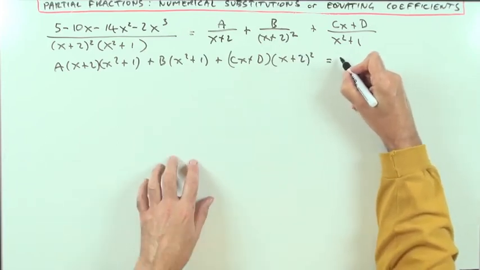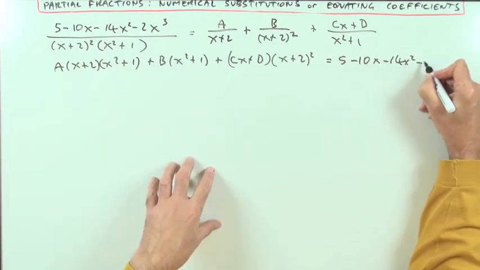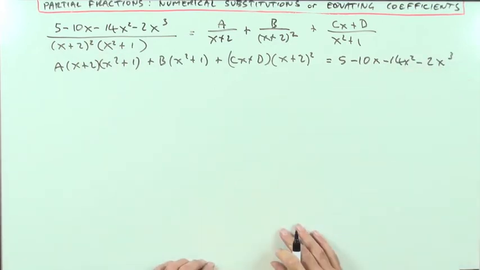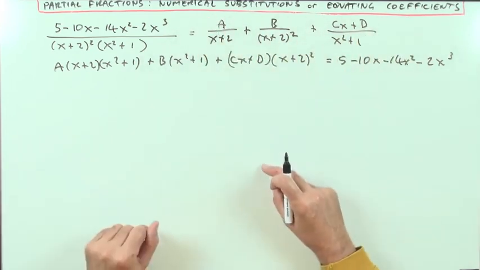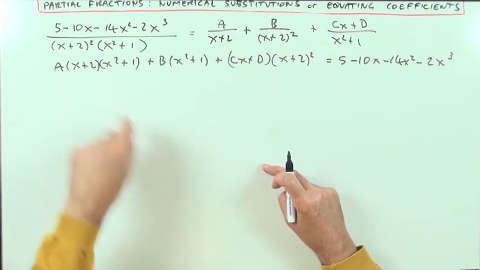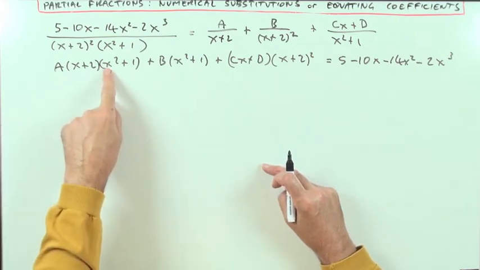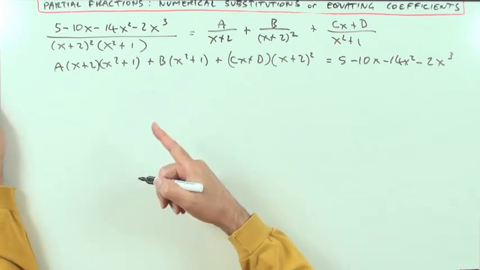And that lot should come to 5 minus 10x minus 14x squared minus 2x cubed. And then it's this case of what we do. Numerical substitutions, equating coefficients, numerical substitutions first of all anyway, because I've got a little linear term that can get knocked out. Unfortunately that one can't go. If it had been an x squared minus 1, I could have done something with it.